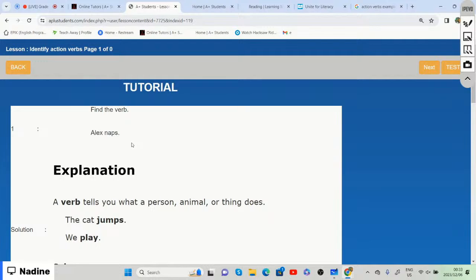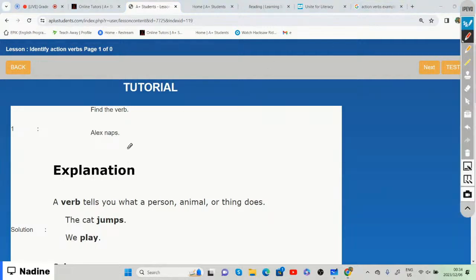What is the action that tells us what Alex does? So we can then say naps. So Alex naps, right?